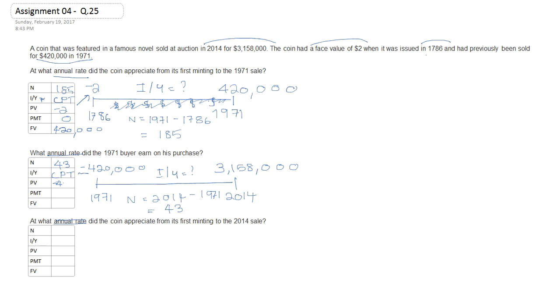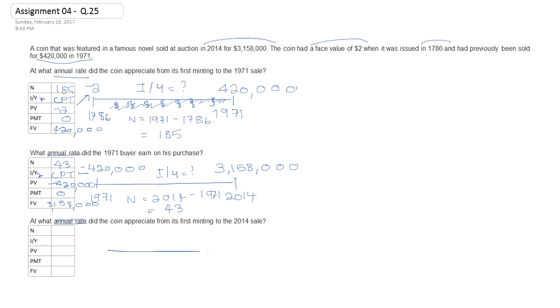PV is 420,000, and again it has to be negative. PMT is 0, and FV is 3,158,000. So you compute for this IY.